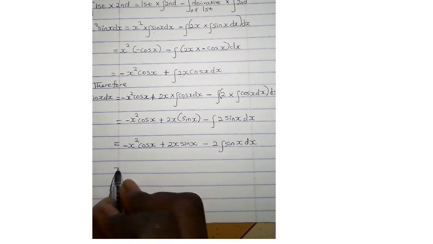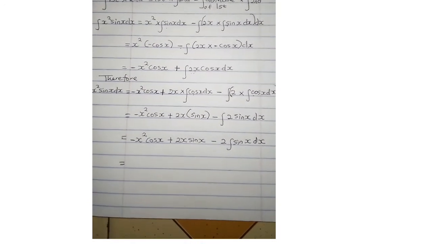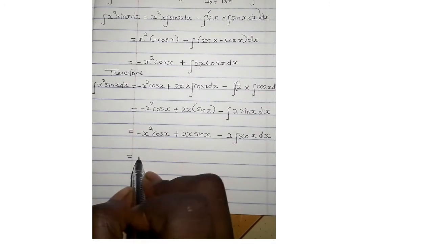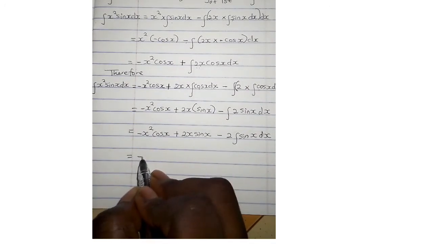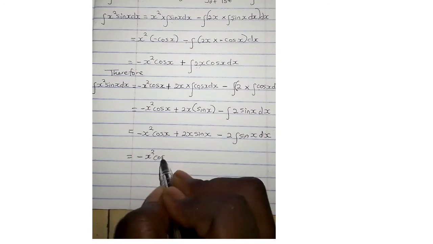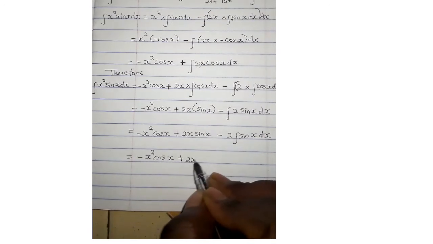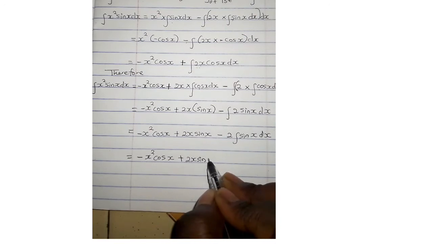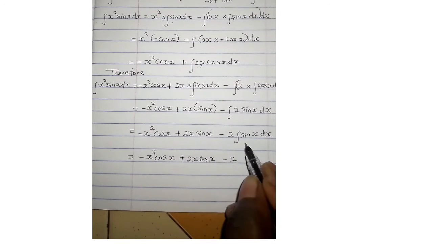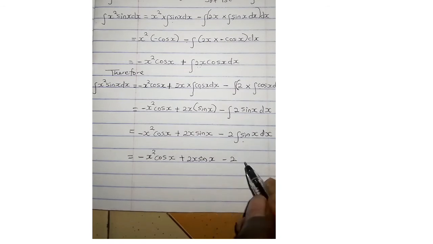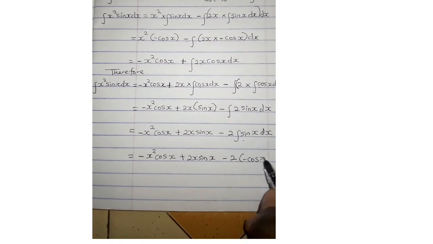So we're going to have negative x squared cos x plus 2x sine x minus 2. When we integrate sine x, we're going to have minus cos x all into the dx.